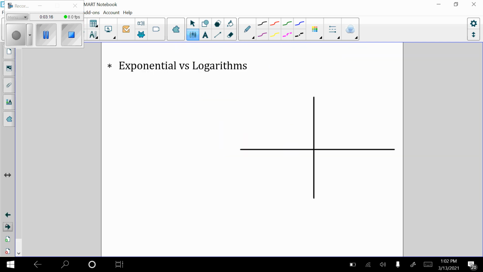Okay, so quick review of graphing exponentials versus logs. So first thing I'll do very quickly is graph an exponential. So we have f of x equals, I'm going to use base a to the power of x. So I'm going to put some values in a chart. I have x and f of x. For exponentials, you have a domain of all real numbers.